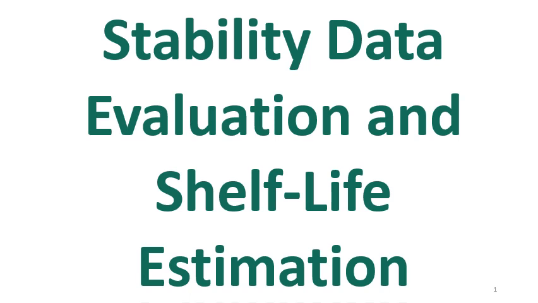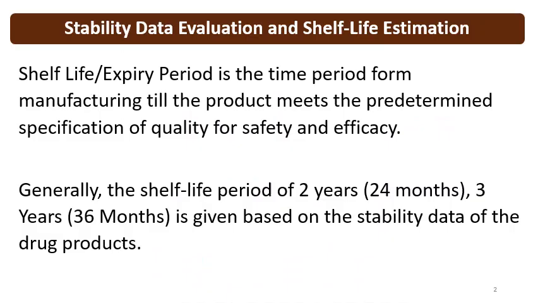There are some scientific considerations for giving the shelf life period and the expiry period to pharmaceutical formulations. The guidelines dealing with stability studies are ICH guidelines Q1A to Q1E. Also, the US FDA guidances and EMEA guidelines are there for stability estimation.